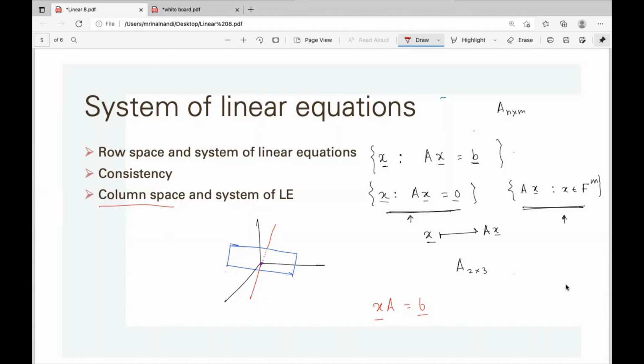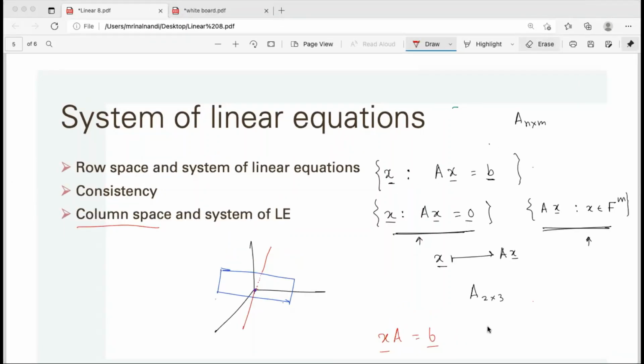All the results with the row space are true for the column space also, and this gives an idea of dual space. Sorry, this is not exactly a dual space. This is actually the dual if you take the transpose of the matrix.